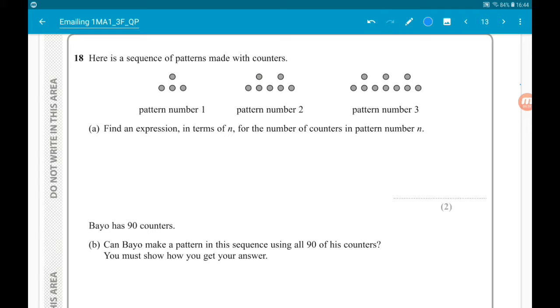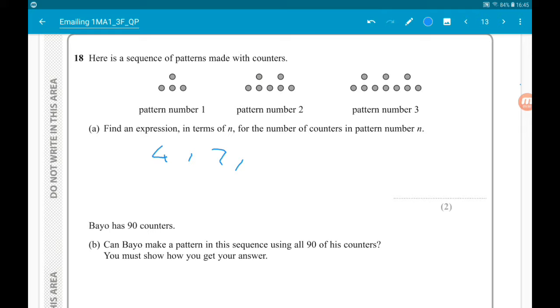Okay, so nth term. So the first thing we need to know is how many counters are in each pattern. So in the first one, we have 4. In the second, we have 7. And in the third one, we have 10.